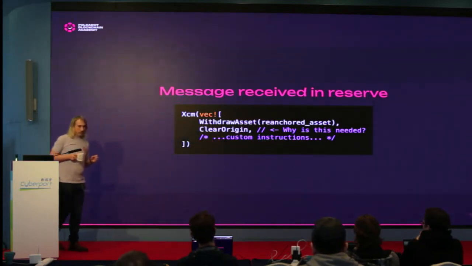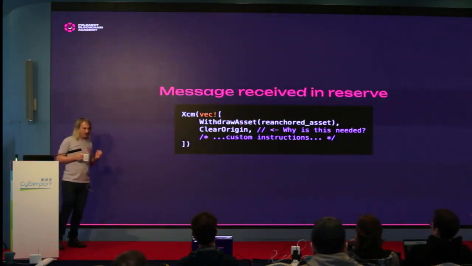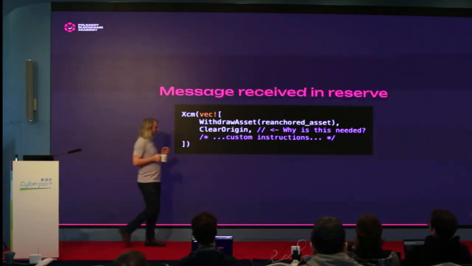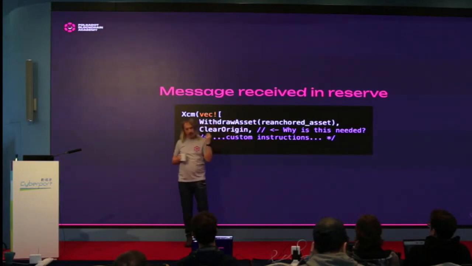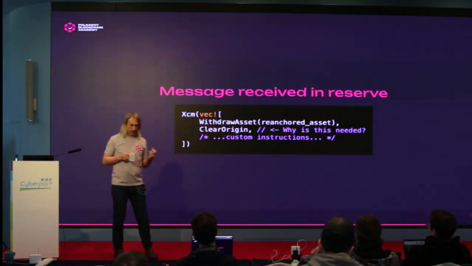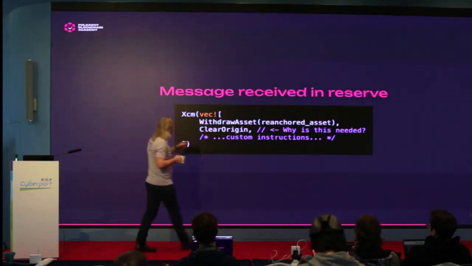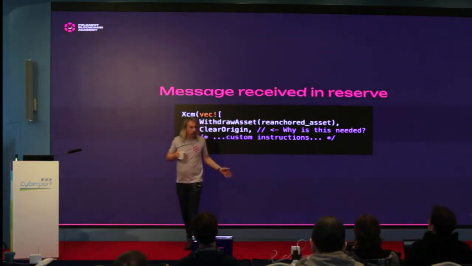Why is it crucial? It is crucial because the message origin is the Acala chain, yet the instructions are set by a user, right?